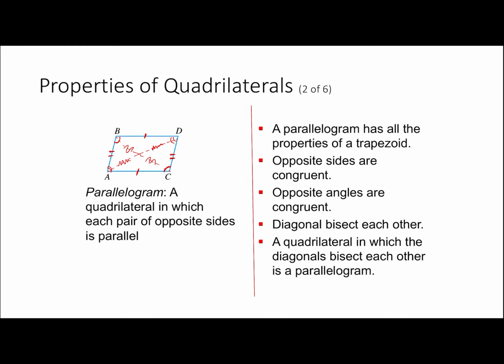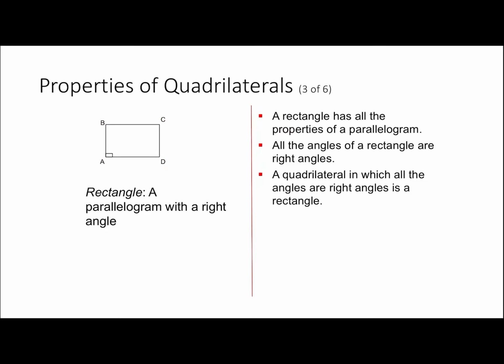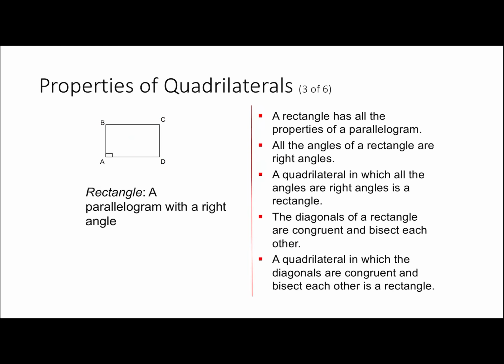I've got a lot of markings there, but I want to make sure you see what this is talking about. And a quadrilateral in which diagonals bisect each other is a parallelogram. So if we happen to see an example, which we will shortly, where two diagonals bisect each other, that means it has to be a parallelogram, without a doubt.